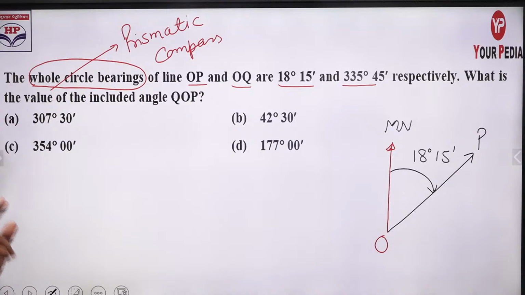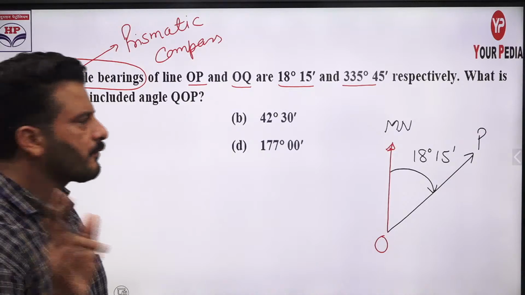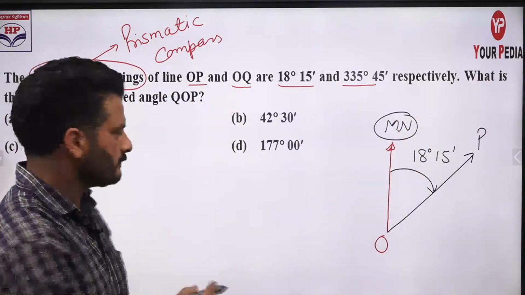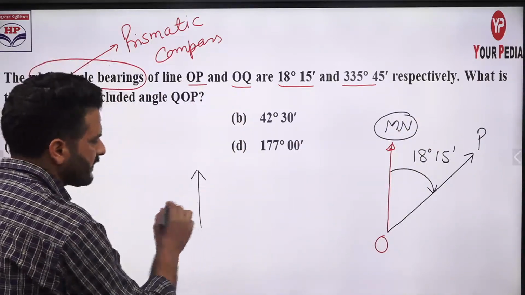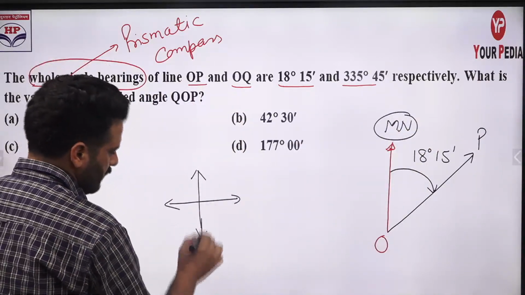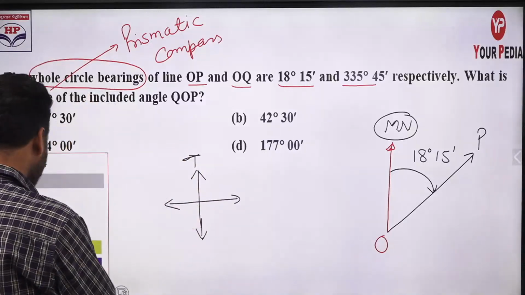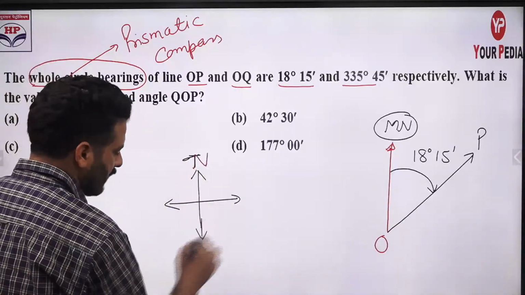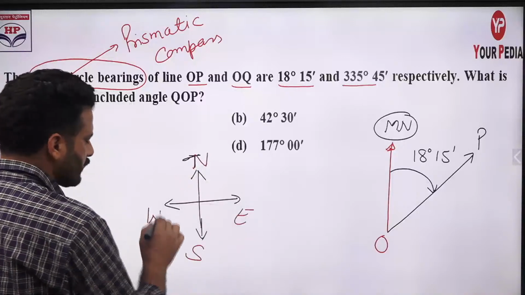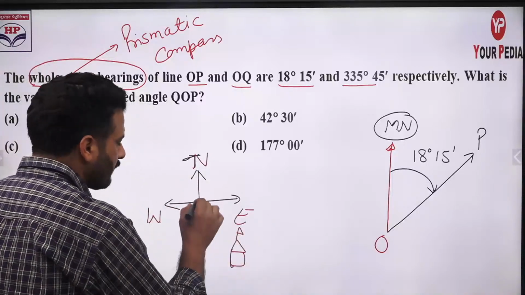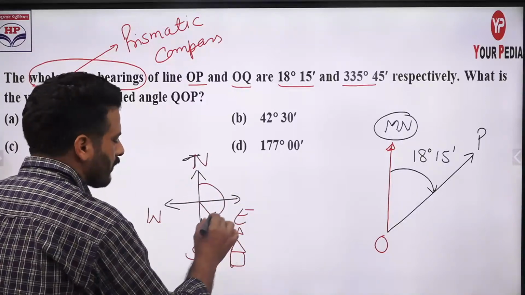In whole circle bearing, pay attention, always start from north and always go in clockwise direction. What I'm saying, guys, is if this is your magnetic north, south, east, west, then whenever you calculate the whole circle bearing, always start from north in clockwise direction.